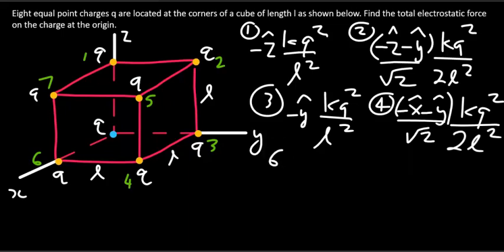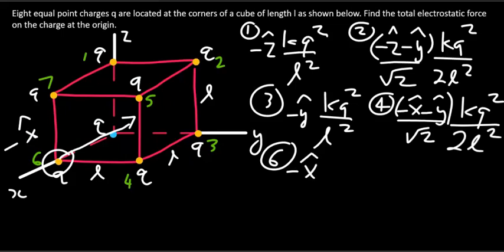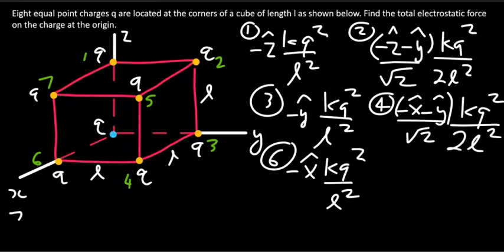Let's do 6 first. 6 is right there, so it would push the charge at the origin along the minus x hat direction. The strength is kq squared. The distance between them is L, and the square of that is L squared. Now charge number 7, which is over there. It's going to push the charge at the origin in that direction.